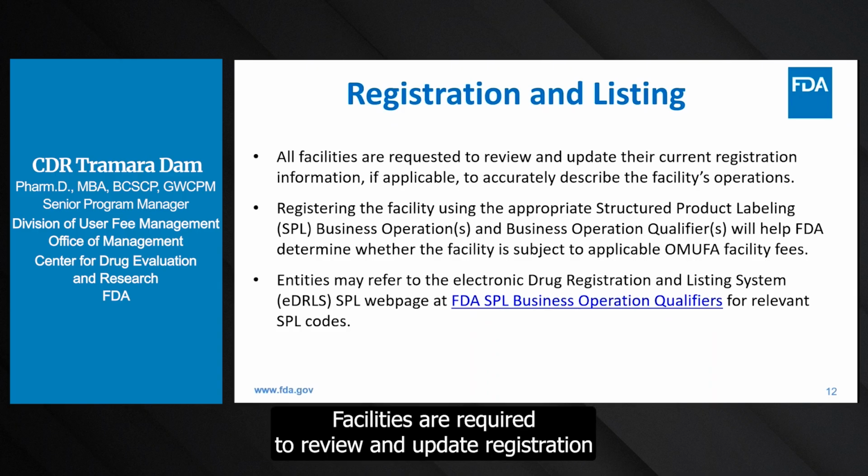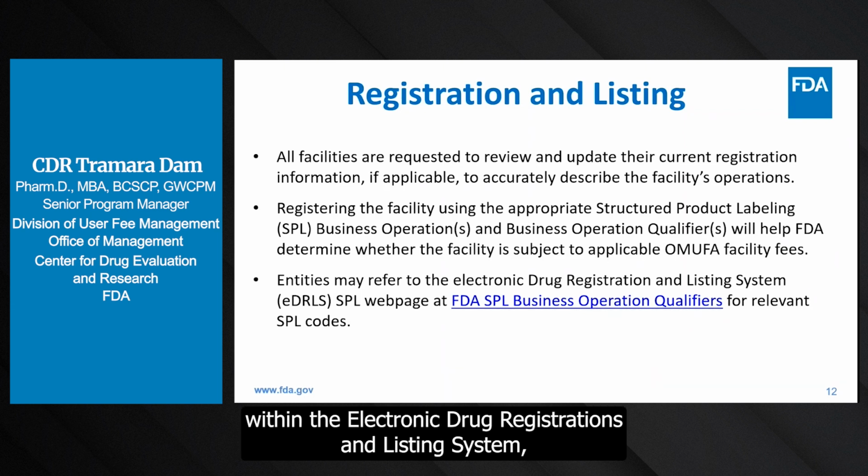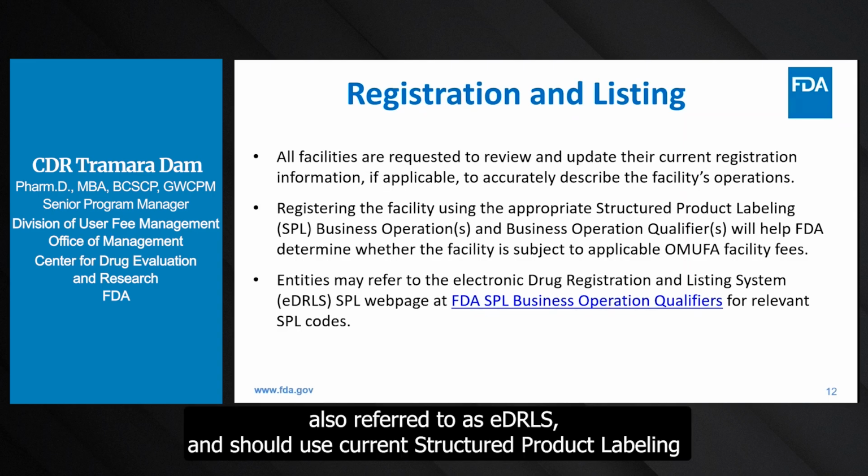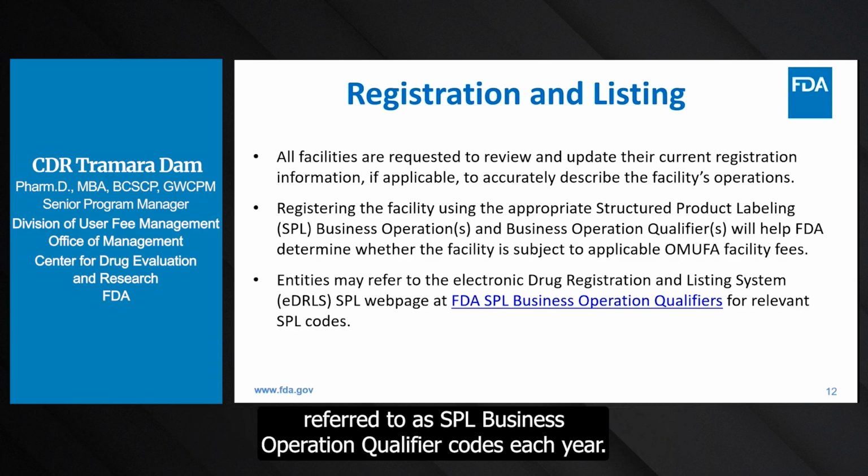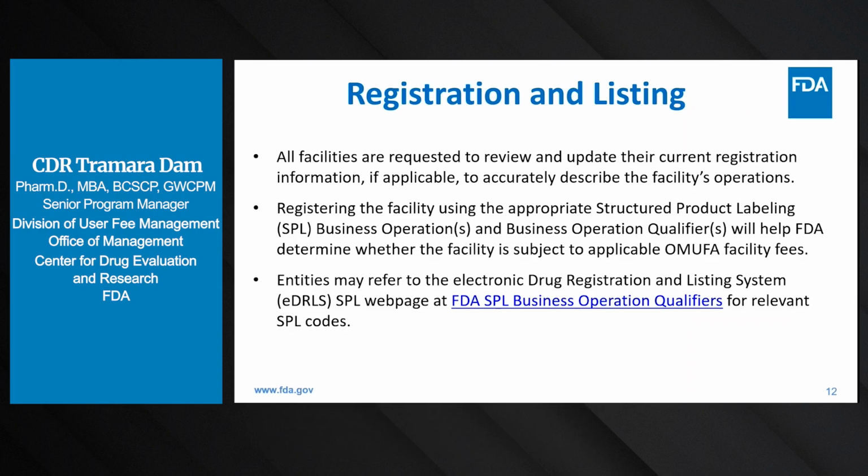Facilities are required to review and update registration within the Electronic Drug Registration and Listing System, also referred to as EDRLS, and should use current structured product labeling, referred to as SPL, Business Operation Qualifier Codes, each year.